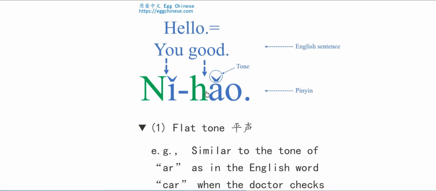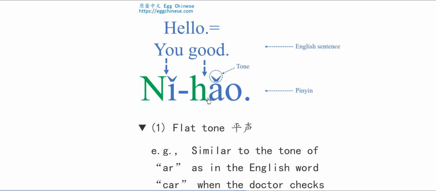Similarly, the second one, H and AO. AO's pronunciation is as ao. So we put them together, it will be hao without tone. But if we have a third tone, that is a falling and rising tone, it will be hǎo.